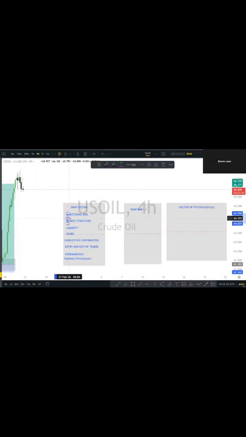In the first session, we will treat these two: directional bias and structural bias. So take your notes. This is what we'll be treating tomorrow. But we will first treat market structure, which is structural bias, before directional bias, because structural bias will give you more clues about the directional bias.